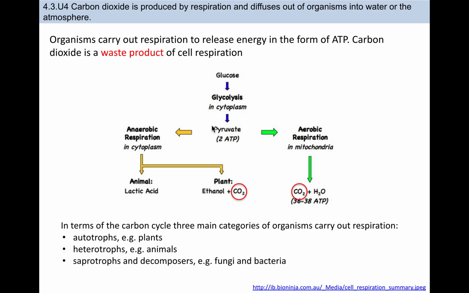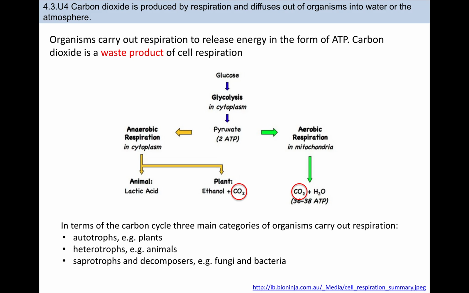If there is enough oxygen and it goes from the cytoplasm into the mitochondria, it's aerobic respiration, meaning it's using oxygen, and at the end of the process, you're going to get lots of ATP, 36 to 38. You're going to release water as a waste product, but also CO2. So in terms of the carbon cycle, there are 3 main categories of organisms that carry out respiration.